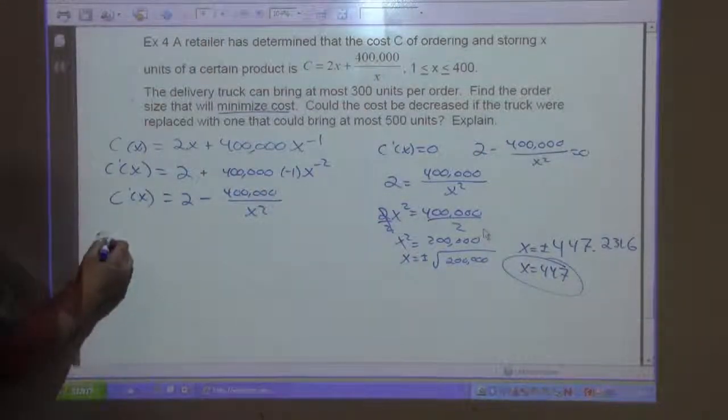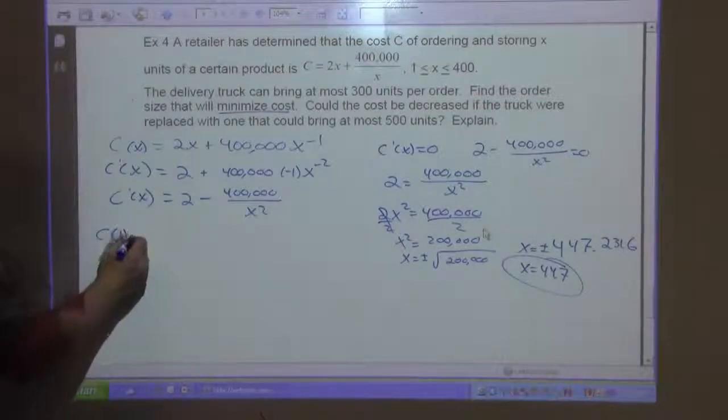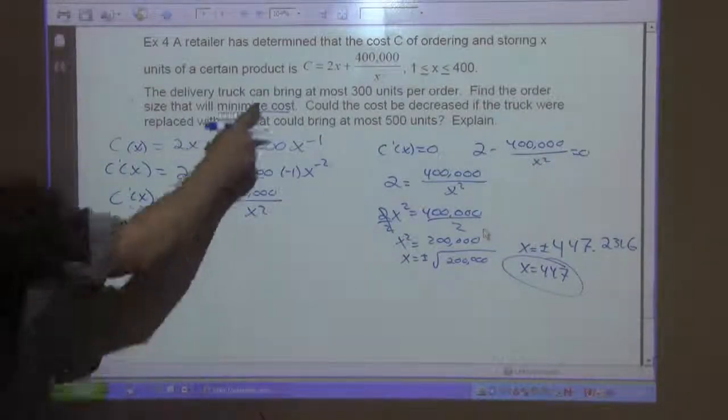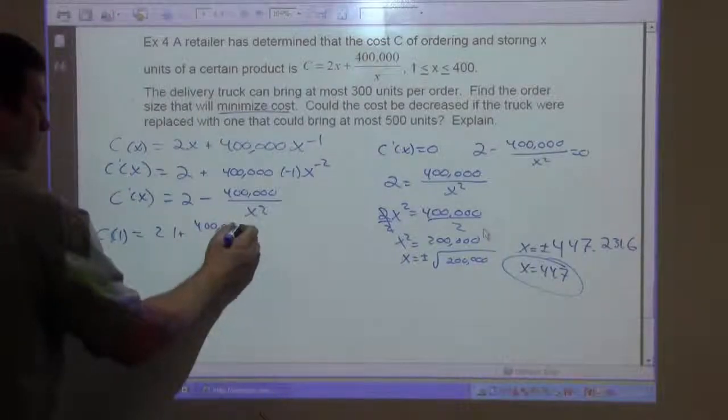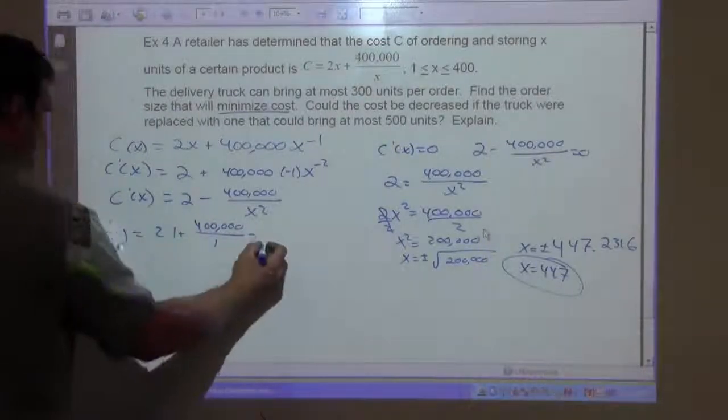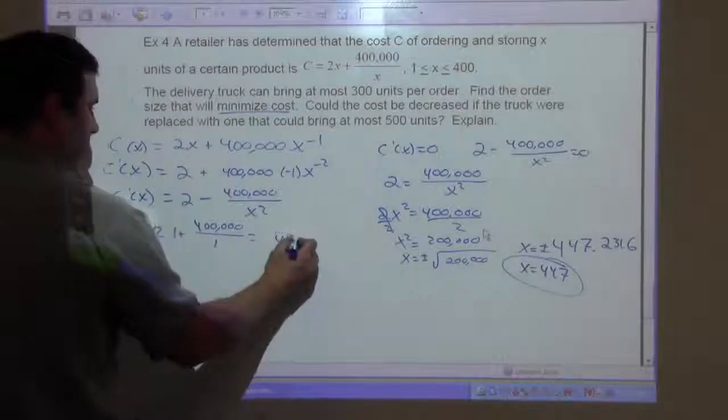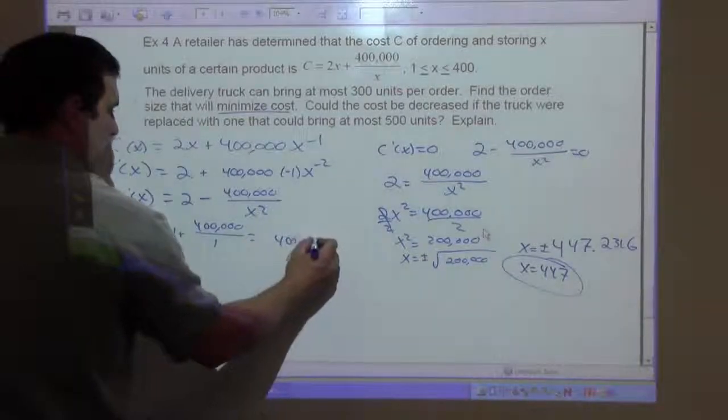So we'll look at C of 1. Going back to the original function, that's 2 times 1 plus 400,000 over 1, and that's just going to be 400,002.